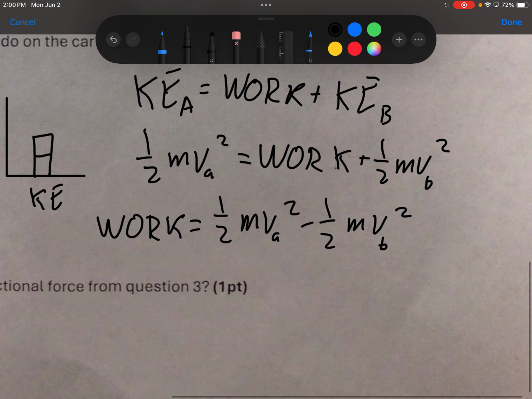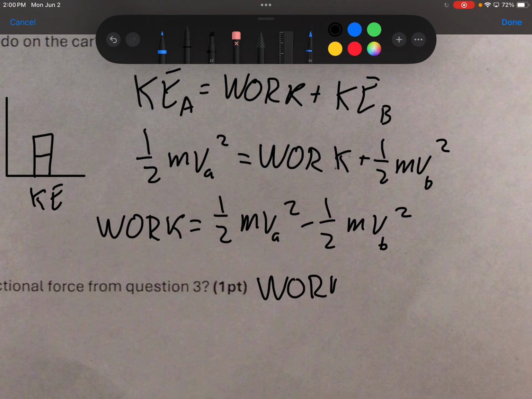If you want to simplify even further, we can take out the 1/2 m and we get work is equal to 1/2 m times (vA squared minus vB squared). And if you put in your values there, you're going to get an answer for work.